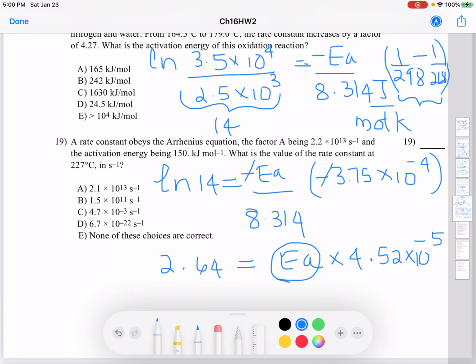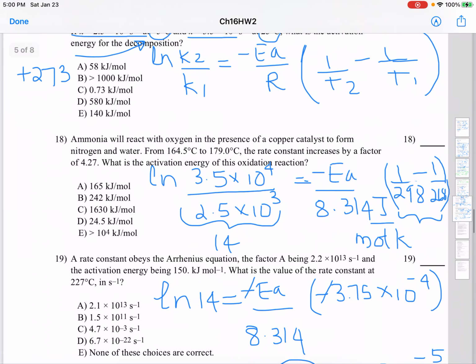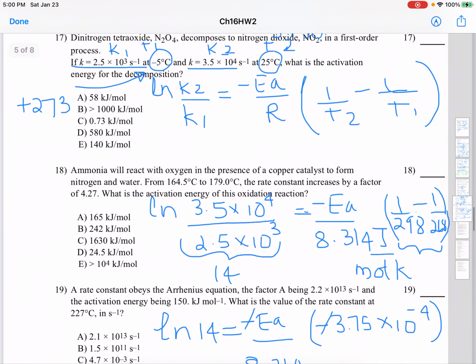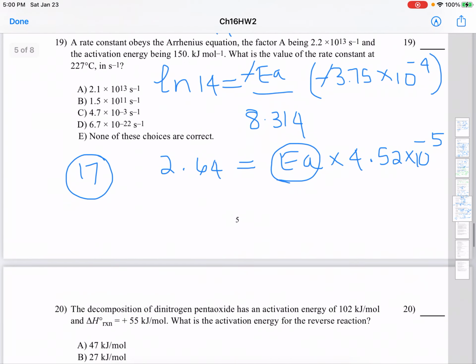We are doing question number 17, and it looks like the answer is asked in kilojoules. So you know how to convert joules to kilojoules: you divide by 1000.